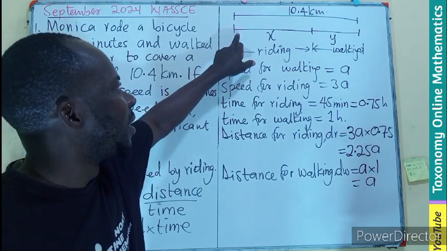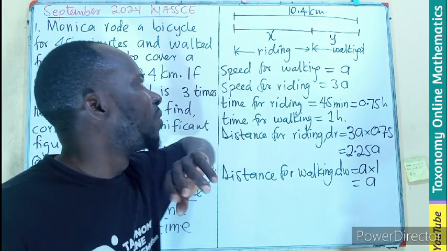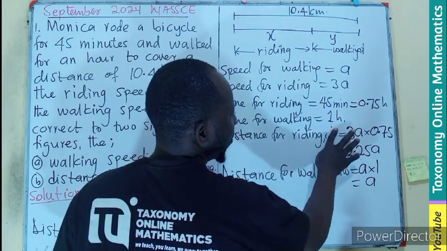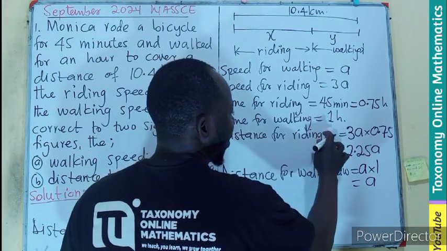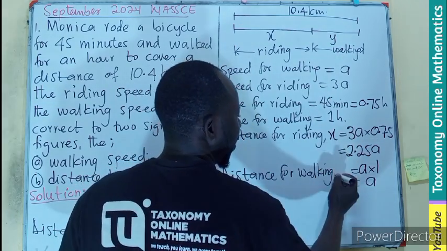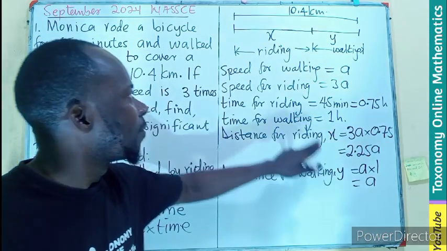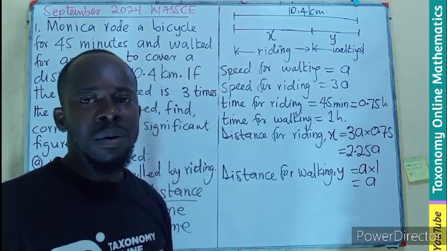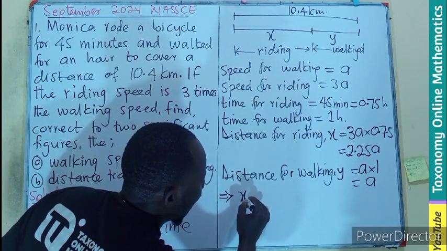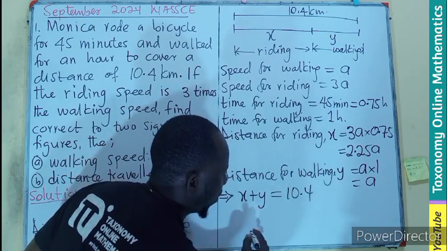What did we say in the beginning? The X plus the Y give us what? The 10.4. Let's say riding should be X, since we have that already there, then that of the walking should be Y. So X plus Y will be equal to 10.4.